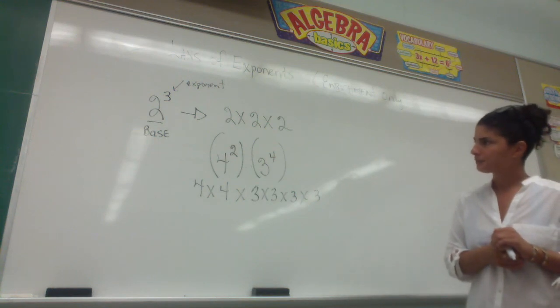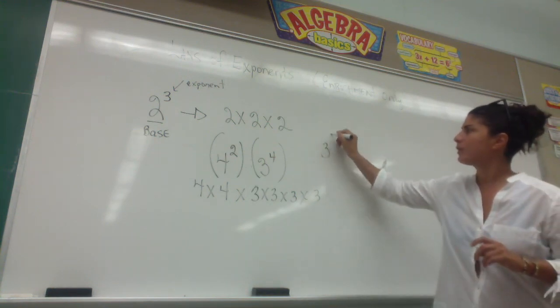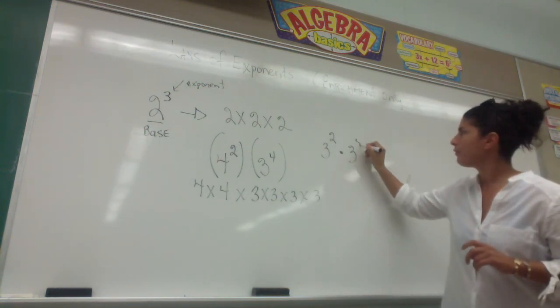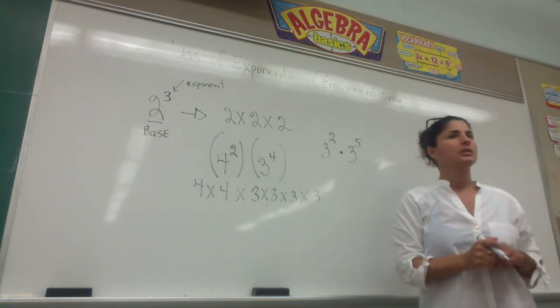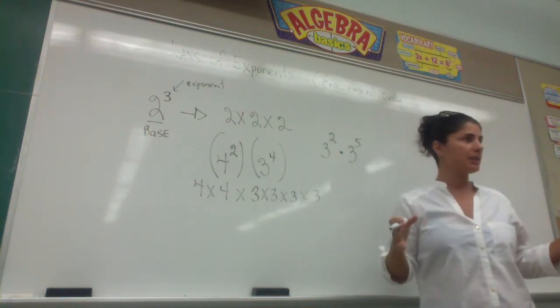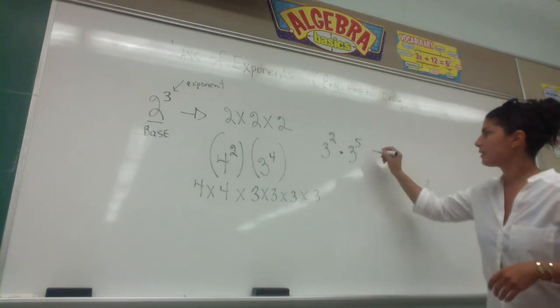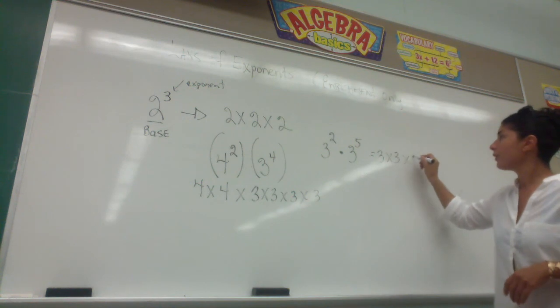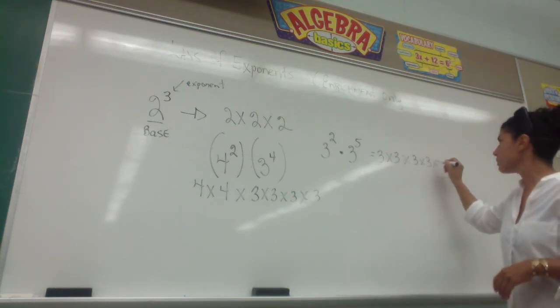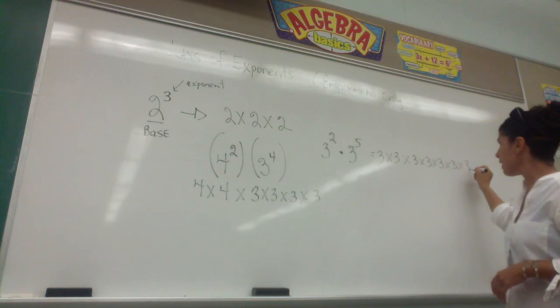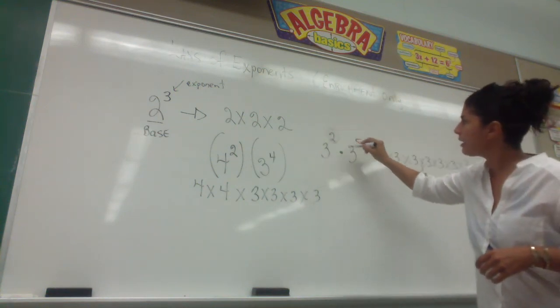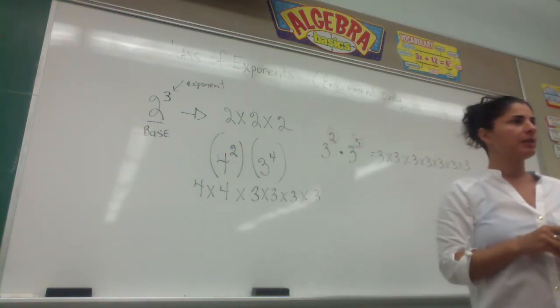What if I have 3 to the power of 2 times 3 to the power of 5? If I were to expand this, I would get 3 times 3 times 3 times 3 times 3 times 3 times 3. Actually, how many 3's do I have? 7 3's. What can you notice about the exponents?